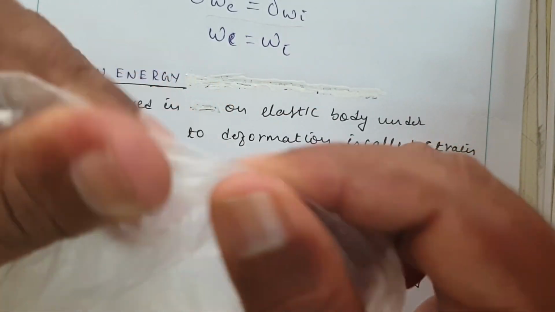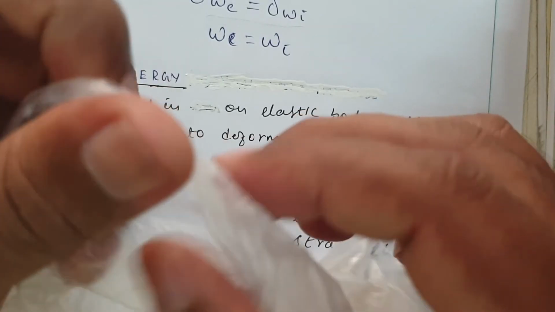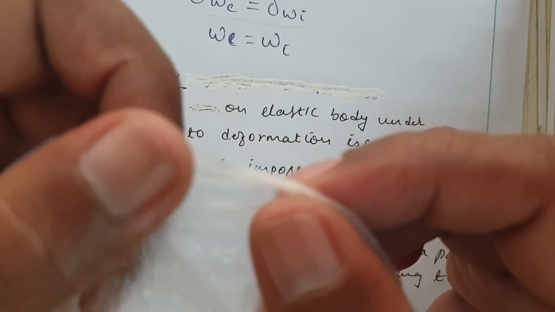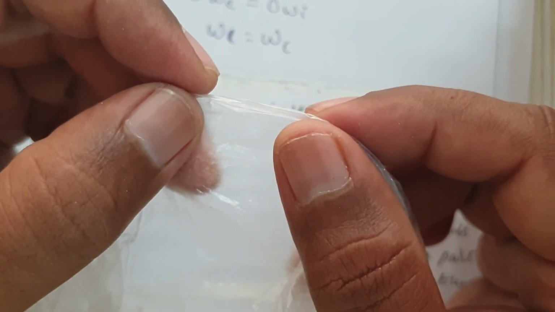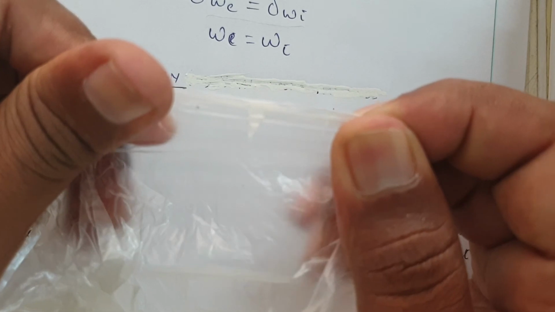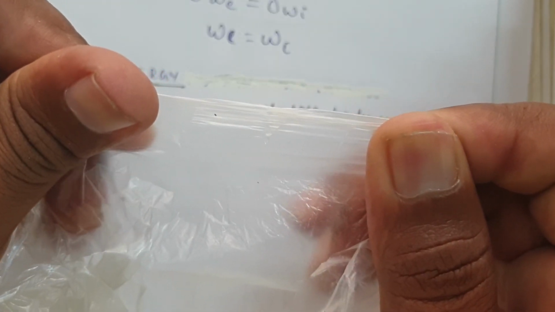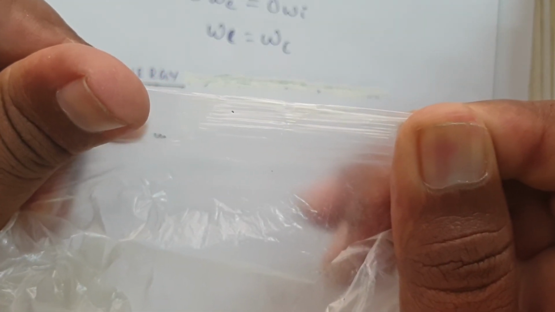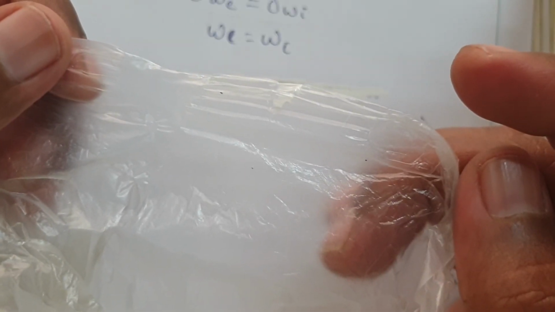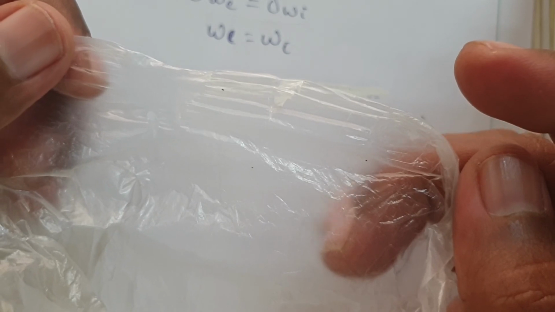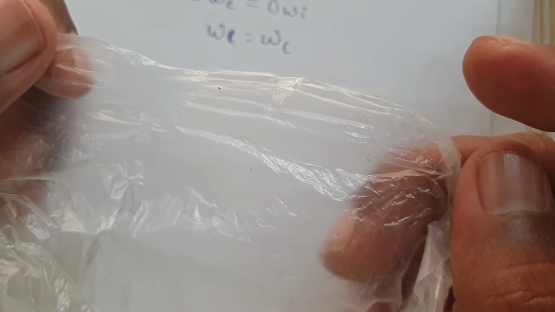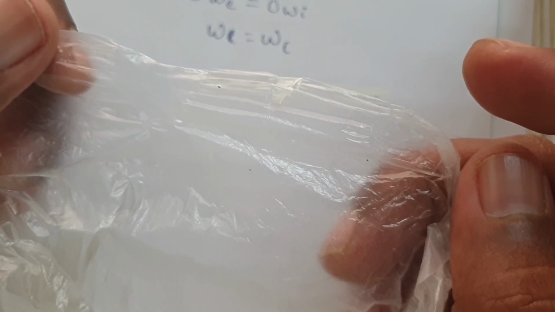If you apply a load, it will undergo deformation, but after releasing the load, it remains in the same position. That indicates some part of the strain energy is there in this body.